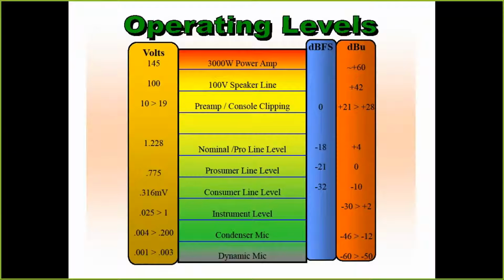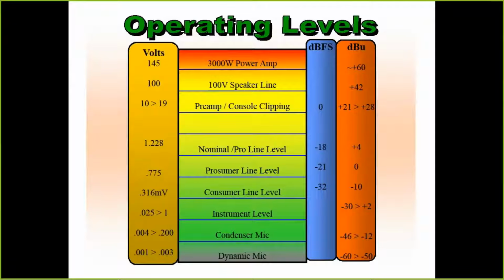So a dynamic microphone, then above that a condenser microphone that can go up to 200 millivolts. And then we have a musical instrument that can go up to 1 volt, and so on and so forth. A pro line level device would have 1.228 volts.